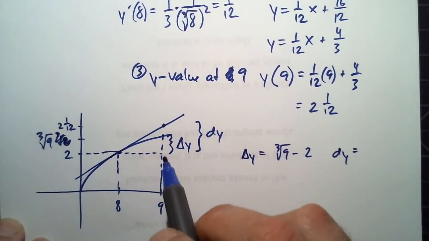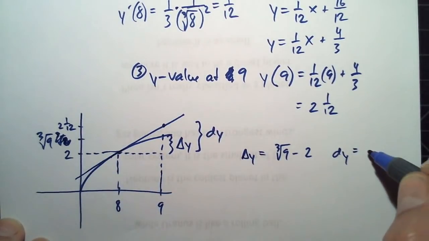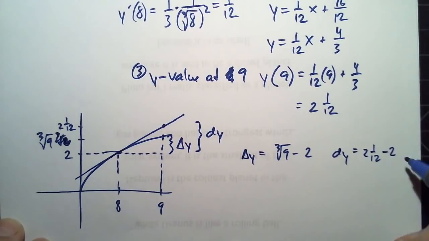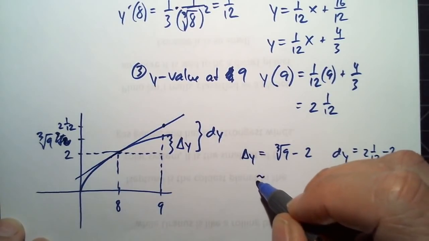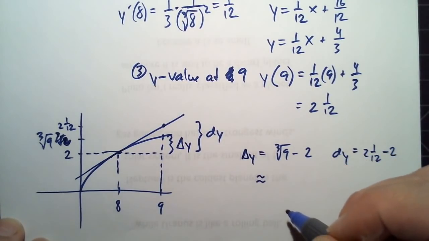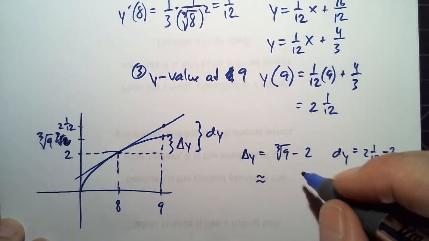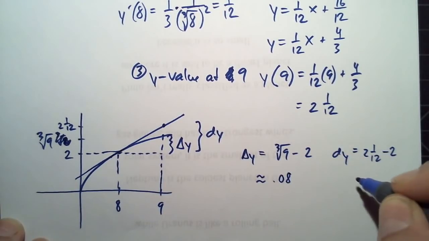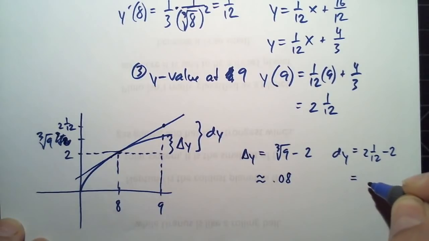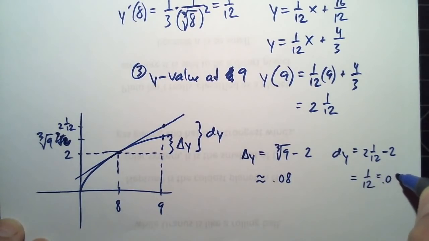Differential of y is 2 and 1/12 minus 2. So delta y is approximately 0.08, and dy, the differential of y, is 1/12, which equals 0.083 repeating.